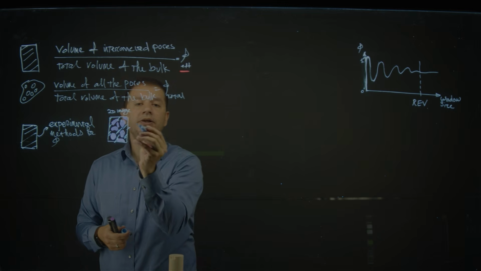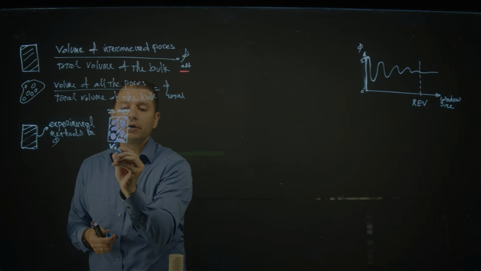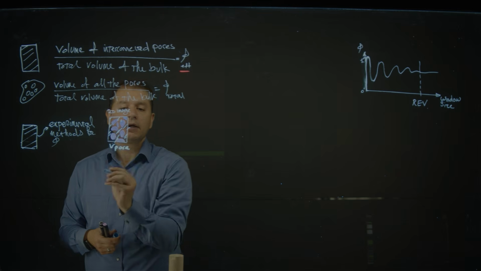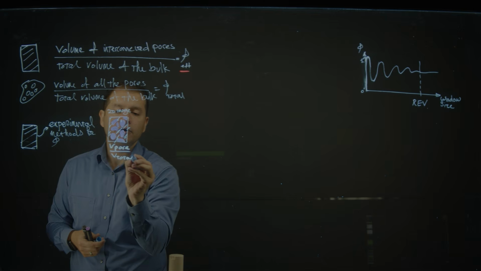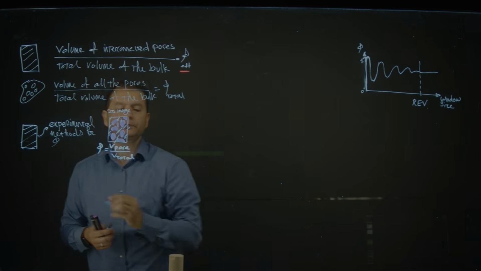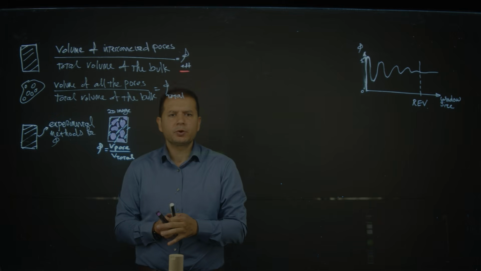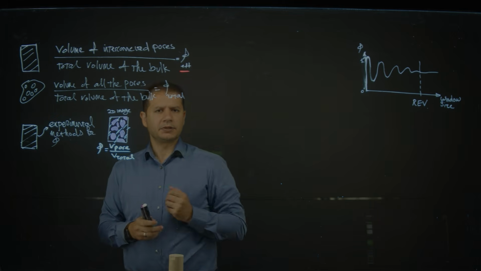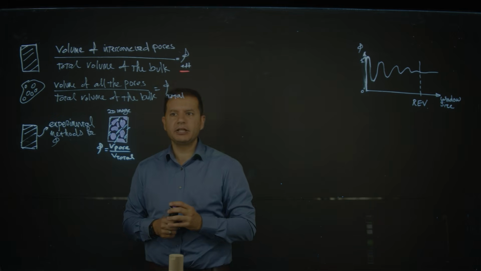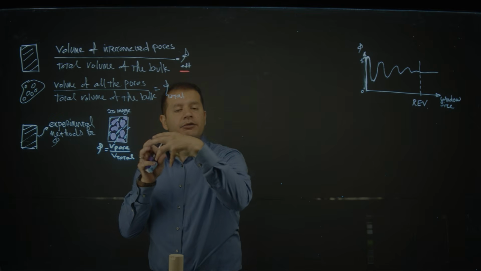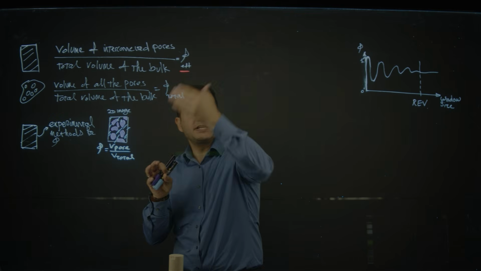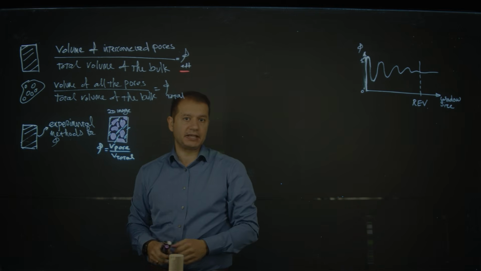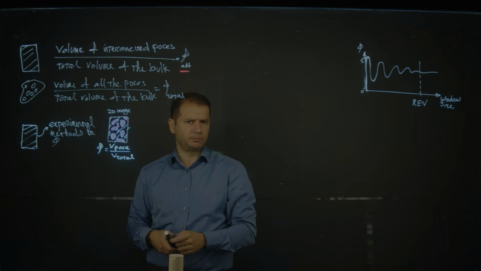So here you measure the volume of the pore space and divide it by the total volume to get your porosity. But this approach can be very uncertain, especially if the grain 3D topology and geometry is very complex. Then the cross sections may not well represent your porosity, but that's one approach.